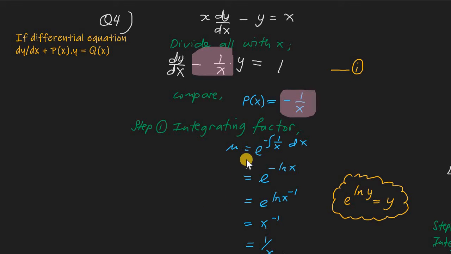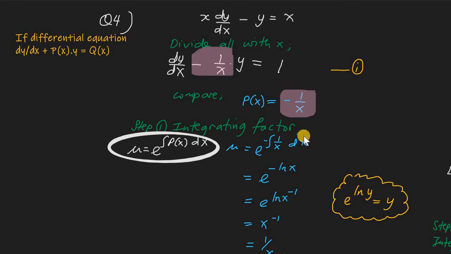The formula is e to the power of the integral of p(x) dx. So we substitute the value, where p is negative 1 on x, dx. That is M1, provided that you recognize what the p is.